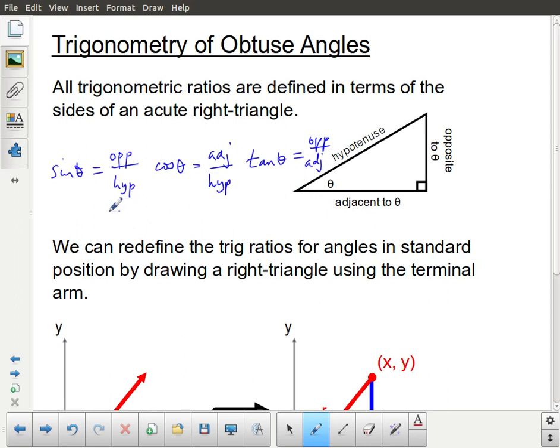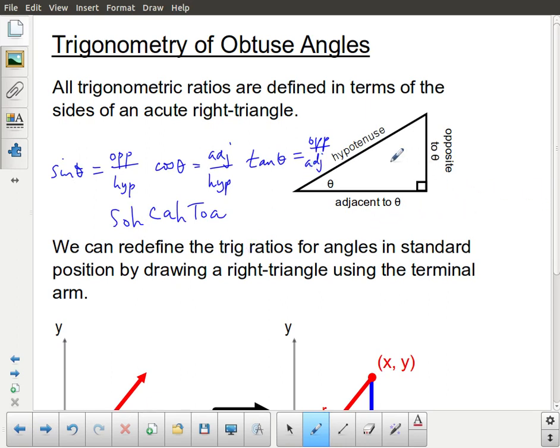The mnemonic we use to remember that, in English at least, is SOHCAHTOA.